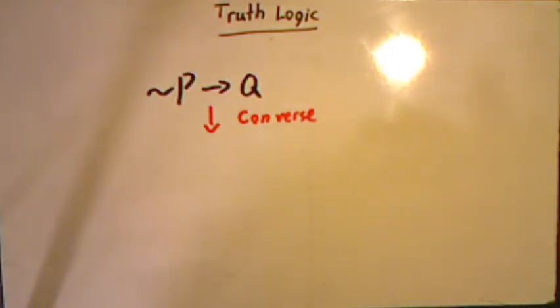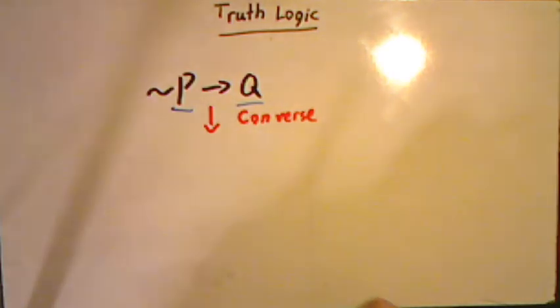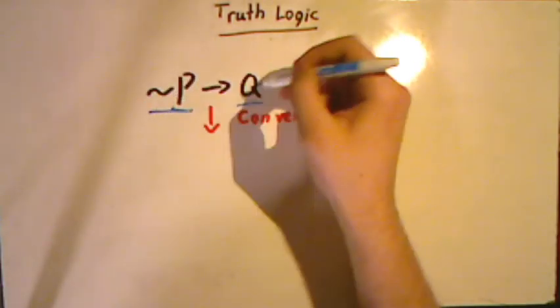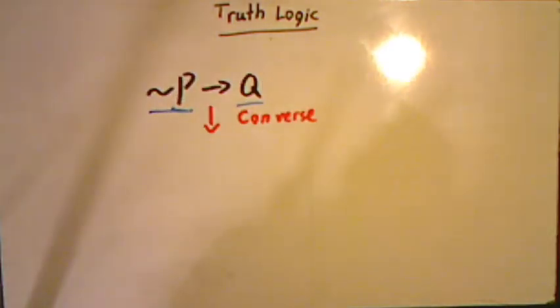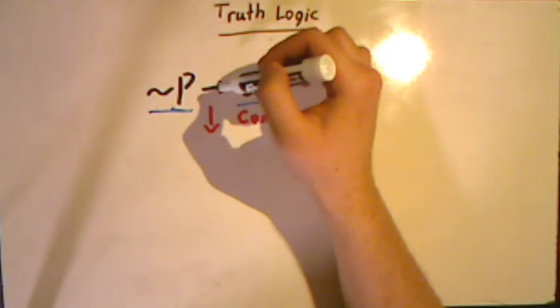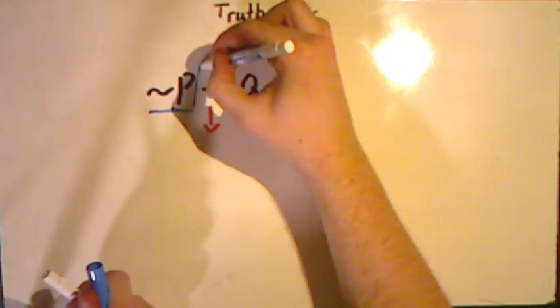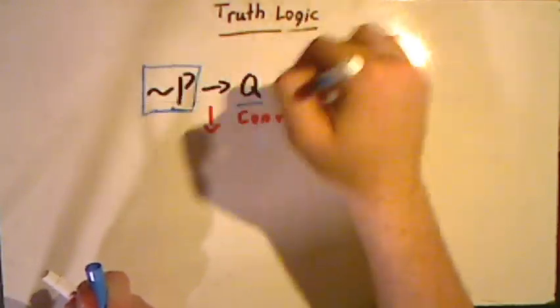So we determine what our variables are. In this case, very, very simple because they're laid out right in front of us. Not P and Q are our two variables. Now it is important with converse to remember that whenever you have a negation symbol in front of it, you still consider the negation part of your variable whenever you're switching the sides.